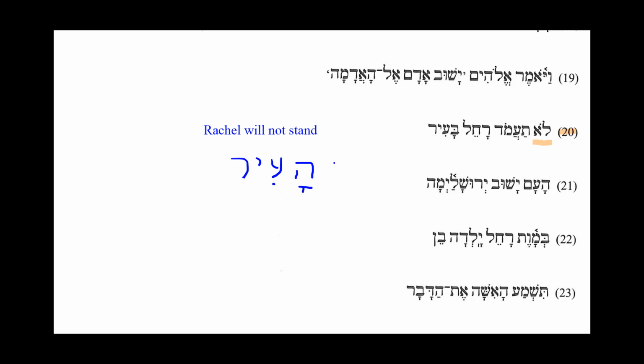Now we're trying to put a bet on there as a preposition, and as we talked about, the hey drops out, the bet goes in there and picks up the vowel. So we're going to get ba'ir, and that is going to be in the city. So Rachel will not stand, possibly by the city. That's a possibility also. So Rachel will not stand in the city or by the city. So those are some exercises from chapter 8 in the workbook.